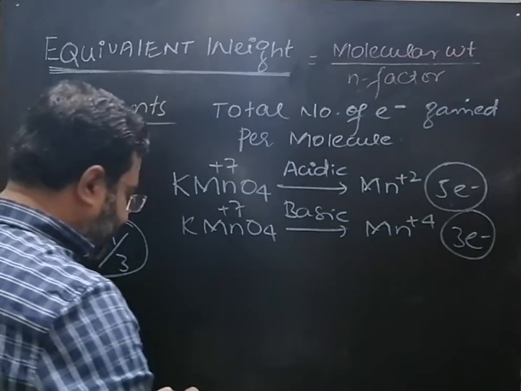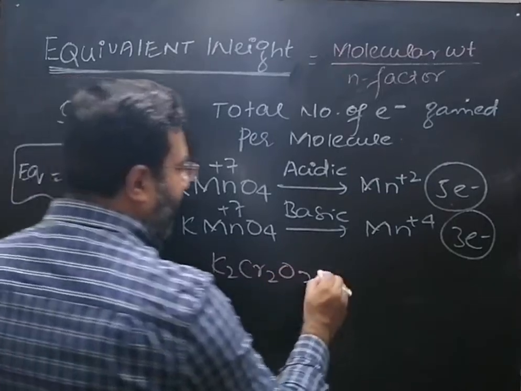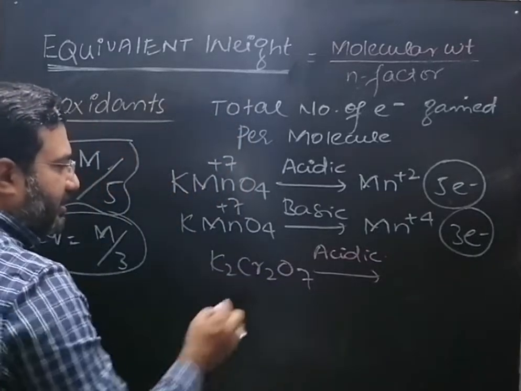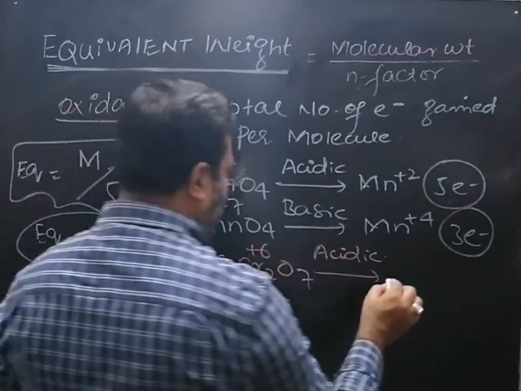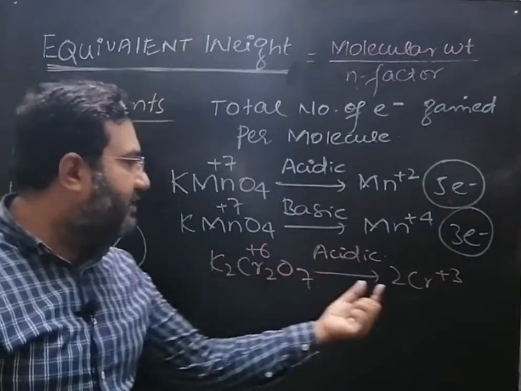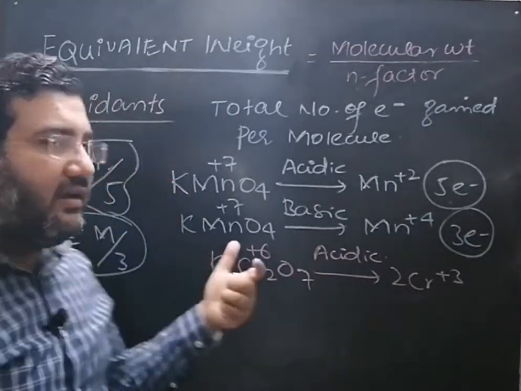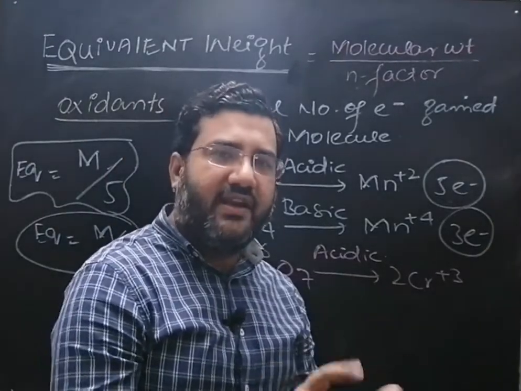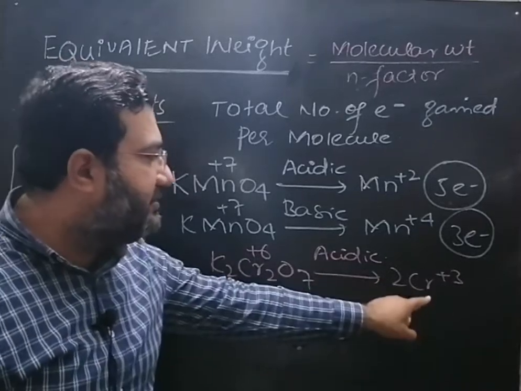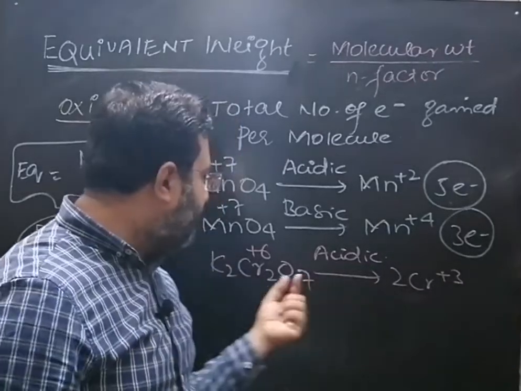Similarly, in case of K2Cr2O7, when it acts as an oxidizing agent in acidic medium, the oxidation state of chromium changes from plus 6 to plus 3. And in order to balance the chromium, I have taken this coefficient as 2. Now, how many electrons are gained by chromium? Listen very carefully. In this case, one chromium atom has changed from plus 6 to plus 3, so one chromium atom has gained 3 electrons, but there are 2 chromium atoms.